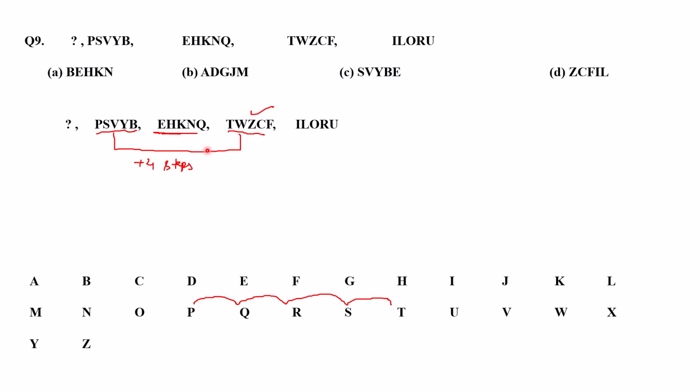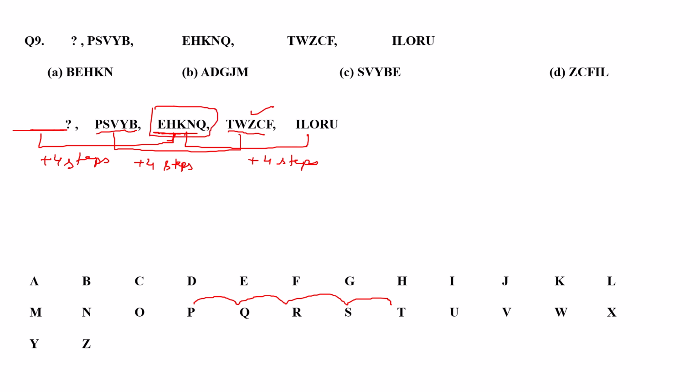Then from H, if I go 4 steps ahead, 1, 2, 3, 4, now it is L. It means this is also the same pattern. 4 steps ahead, isn't it? So whatever is the letter here, if I do 4 steps ahead, I should reach this place, right?